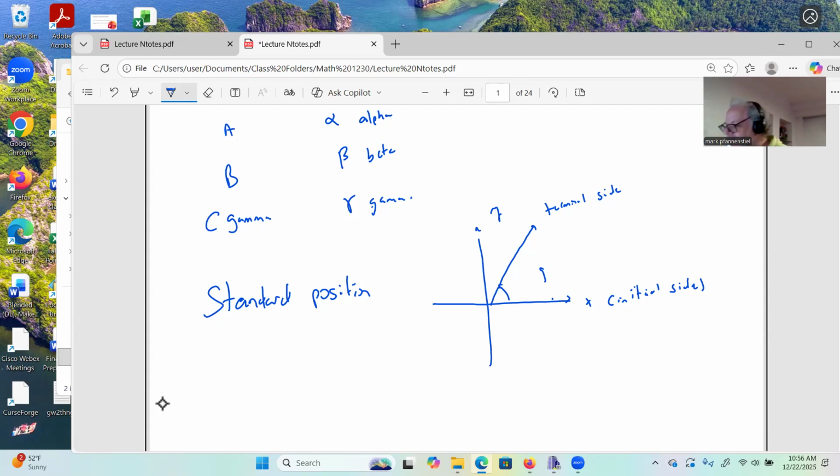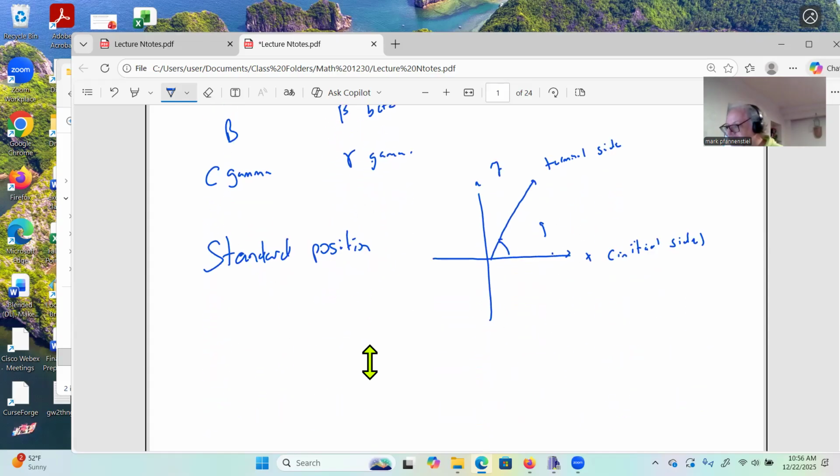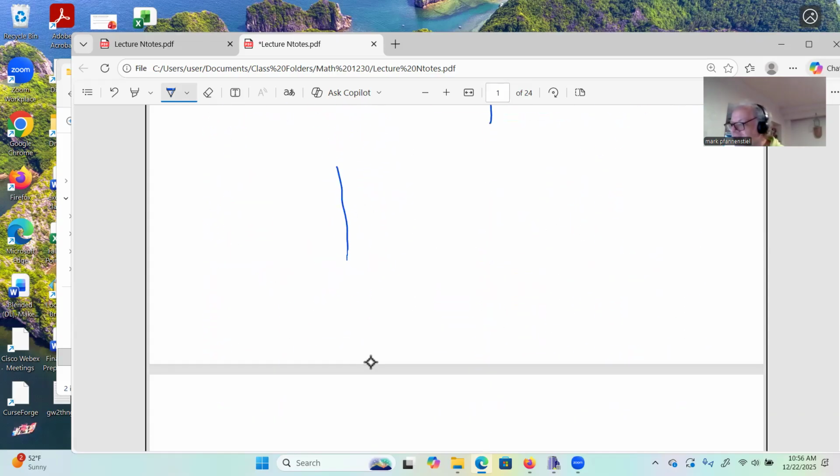Now we have two different measures of angles that we can go with. We can have positive rotation, and of course, we can have negative rotation. So positive rotation is counterclockwise, right? So if I start with my x, my y here, we start here and just start rotating over. This will be a positive degree.